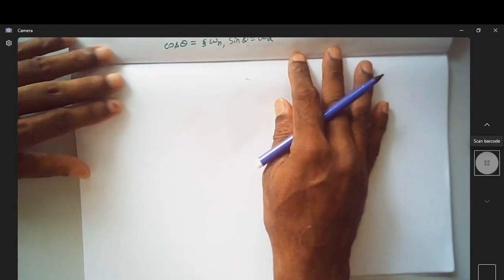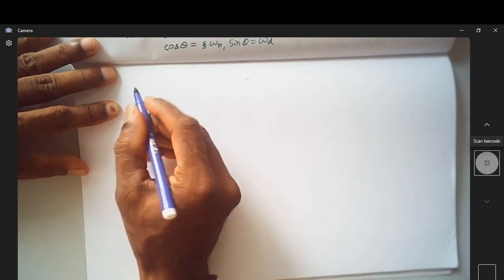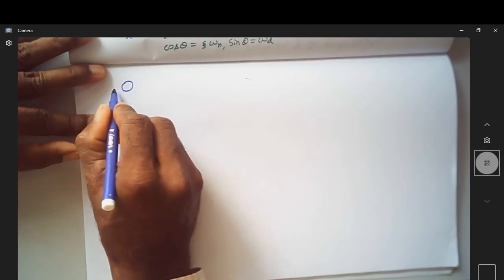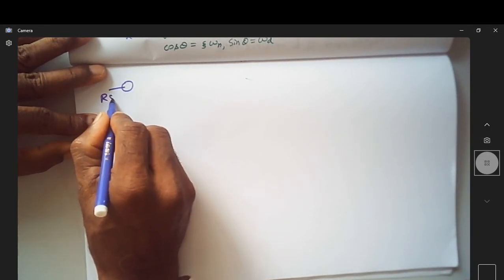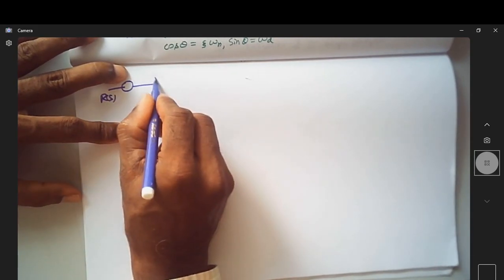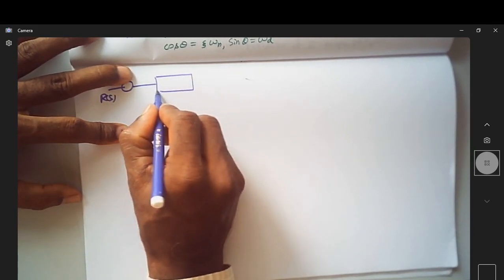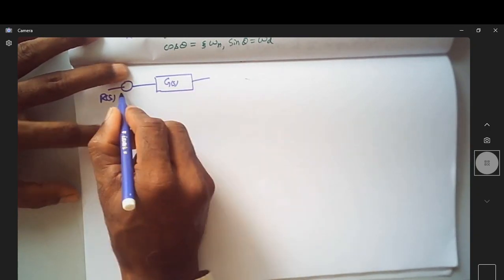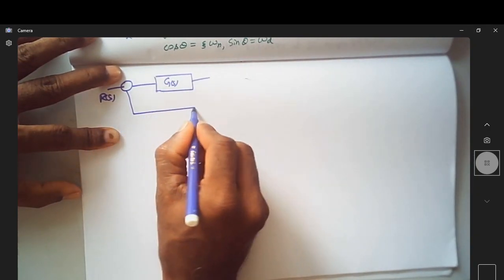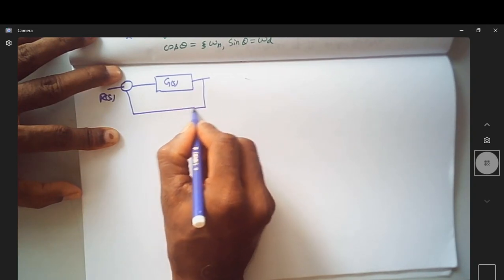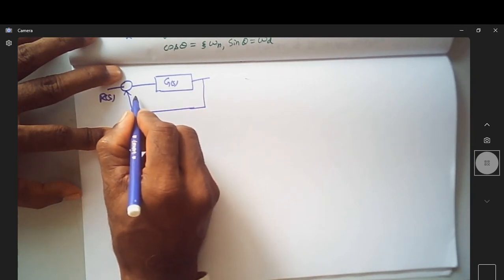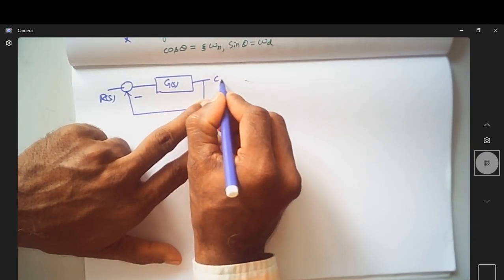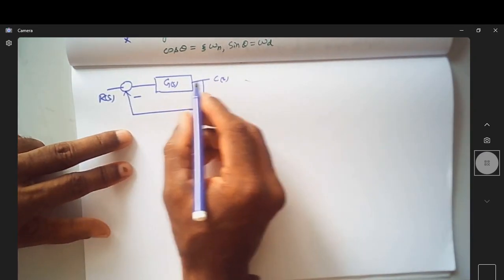So let us consider a control system having input as R(s) and having a forward transfer function G(s). Let us consider a unity feedback system, where H(s) is equal to 1 and this has a negative feedback, and we know that the output is C(s).